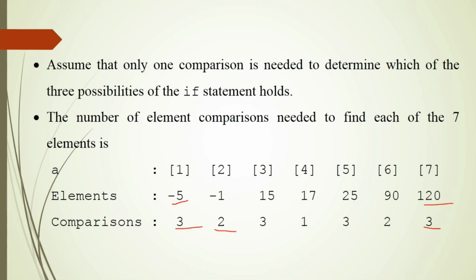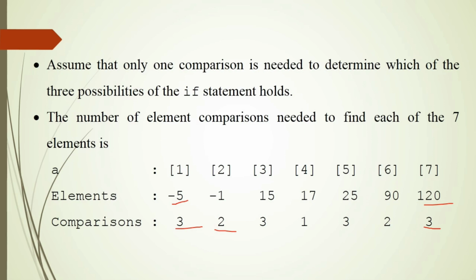Let us consider that only one comparison is sufficient in order to determine which of the 3 possibilities of the if condition holds. So let us see how many element comparisons are needed to find each of the 7 elements in our example.